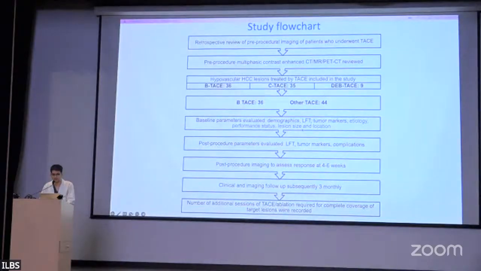The baseline parameters were evaluated, including demographics, the LFT, tumor markers, etiology, performance status, and the size and location of the tumor. The post-procedure parameters included the LFTs, tumor markers, and any complications. Imaging was done, the first at 4 to 6 weeks, and then subsequently at 3 months. And also the number of additional sessions of TACE or ablation required for complete coverage of the target lesions was important.